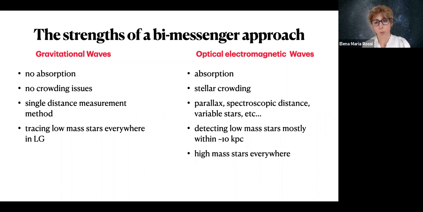And finally, gravitational waves and optical can trace different populations. With gravitational waves, we trace the low mass stars through the whole local group, while, for instance, for a galaxy as far as Andromeda, which is at the outskirts of the local group, so almost 800 kiloparsec away from us, you can really observe individually only massive stars.